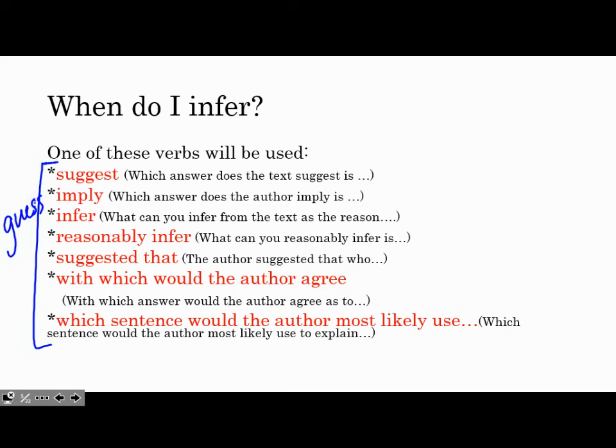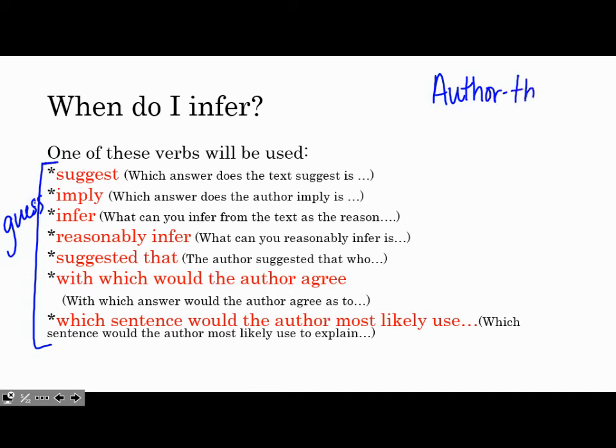I want to take a minute and focus on the bottom two here. The first one says, with which would the author agree? And the second one says, which sentence would the author most likely use? Anytime you are dealing with the author, we want to remember that we don't know that person.